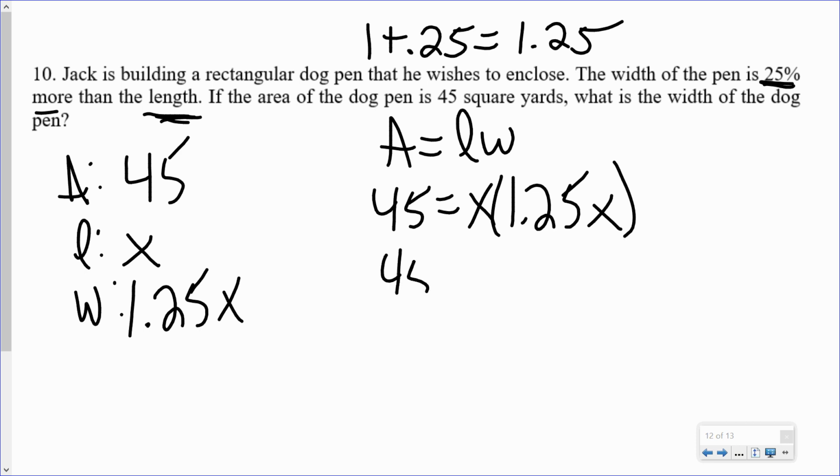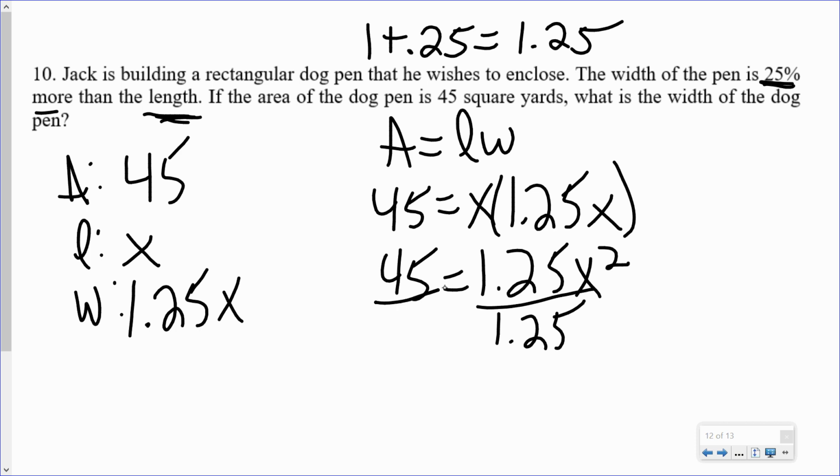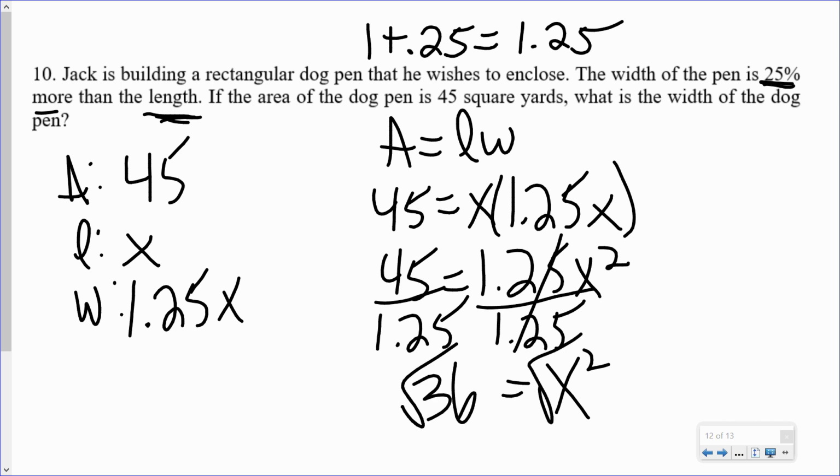There's nothing to distribute here. X times 1.25x is 1.25x squared. Divide by 1.25. X squared equals 45 divided by 1.25 is 36. Square root.